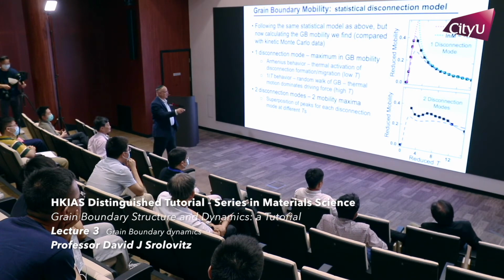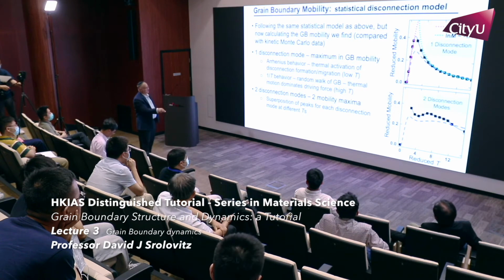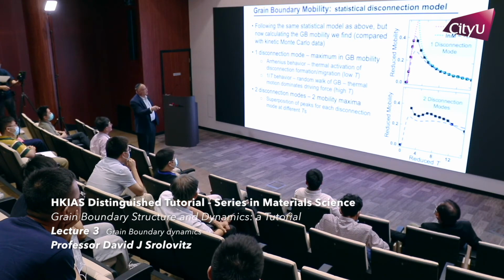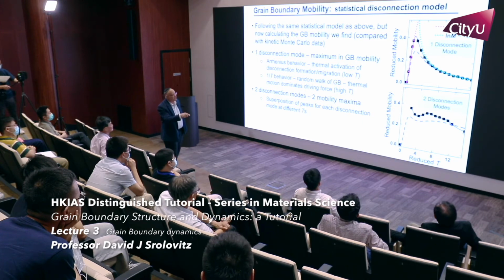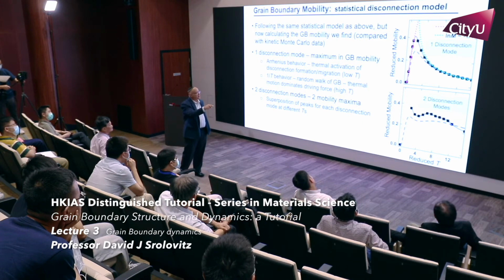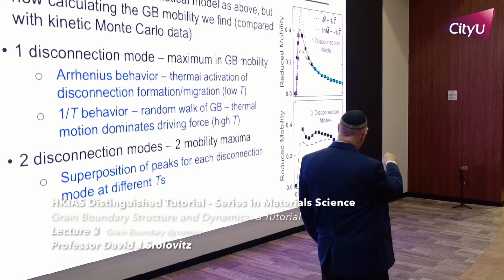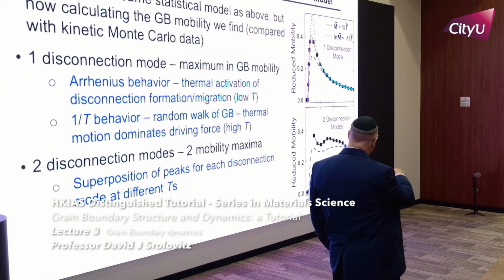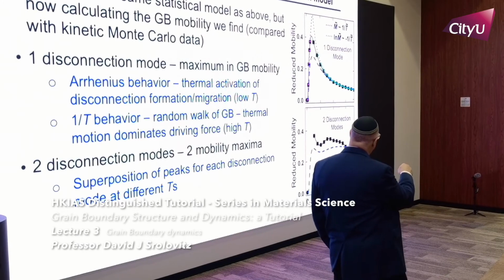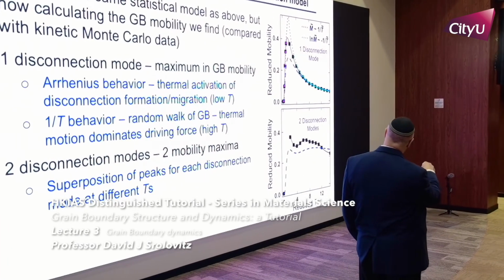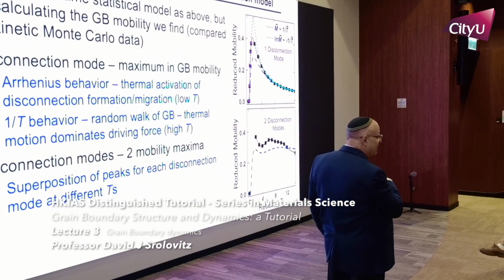Sorry, I'm a little confused on the notation here. I may have messed that up. The point is, on one boundary, you get this Arrhenius part, and in some temperature range, you get this 1 over T part.